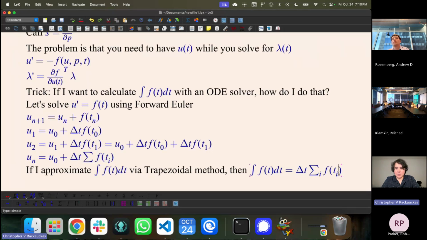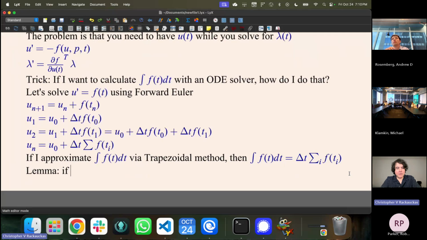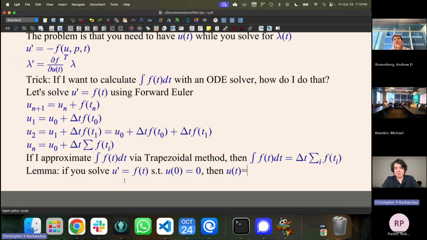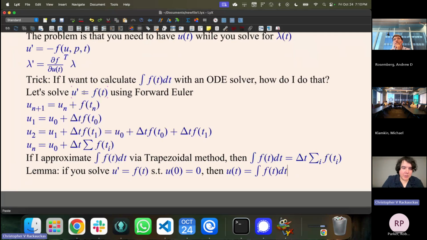So there's actually a quick little lemma here, which is that if you solve an ODE with an explicit function, such that you would just assume that u of 0 is equal to 0, then u of t is equal to the integral, right? So you can always use a numerical ODE solver to calculate integrals, right?